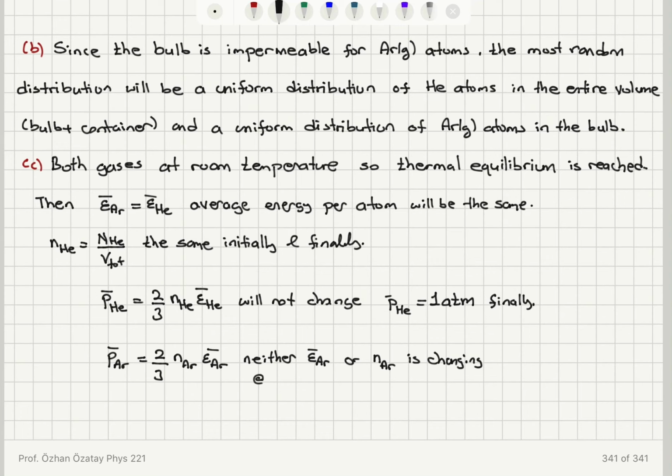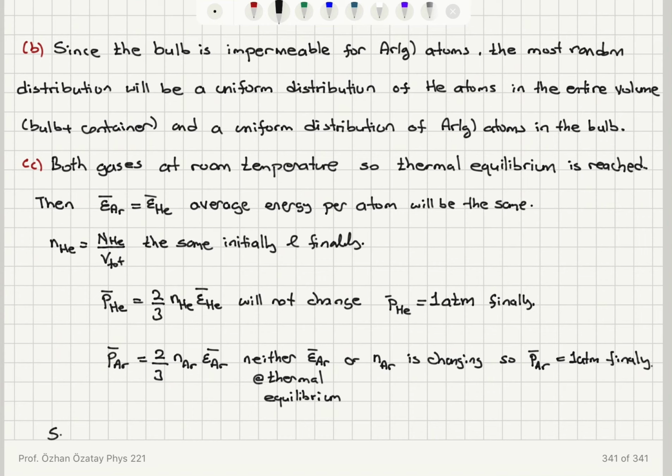So this is at thermal equilibrium. So we're not changing mean energy per atom by heat flow, or the number density for argon atoms. So the partial pressure of the argon gas will be 1 atmosphere finally as well.